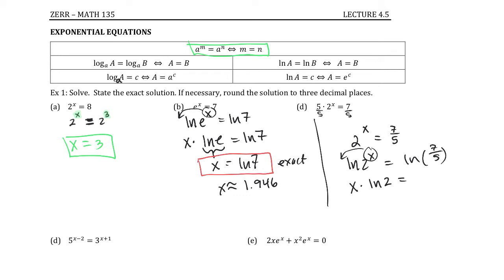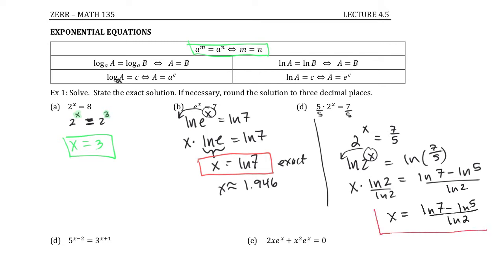We have division within our argument, so then this can expand as natural log of 7 minus natural log of 5. And then we can divide both sides by natural log of 2. So x is equal to the natural log of 7 minus the natural log of 5 all over the natural log of 2. So that would be your exact solution. And in this case, that is what we're being asked to find, state the exact solution.